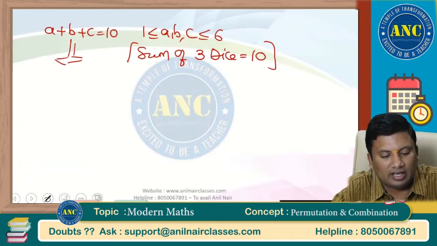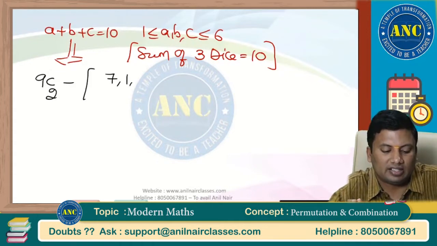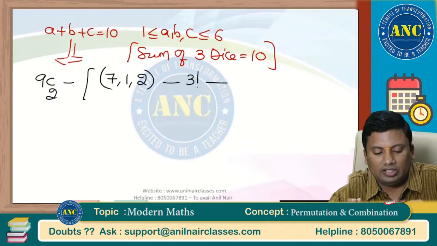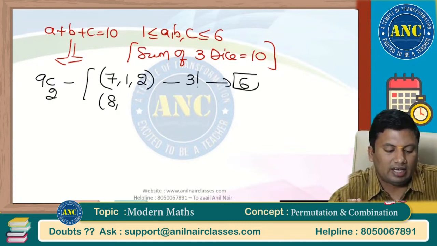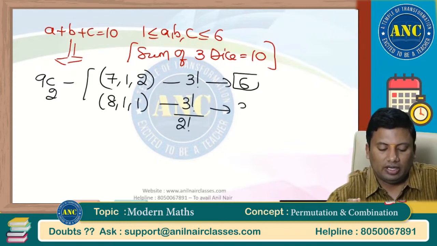If it is 10, all starting with 1, it is 9C2. There are certain cases which are exceeding 6: 7, 1, 2, where the 3 numbers can arrange among themselves in 3 factorial, 6 cases. 8, 1, 1: the 3 numbers can arrange in 3 factorial, but 1 is repeated twice, so it is 3.